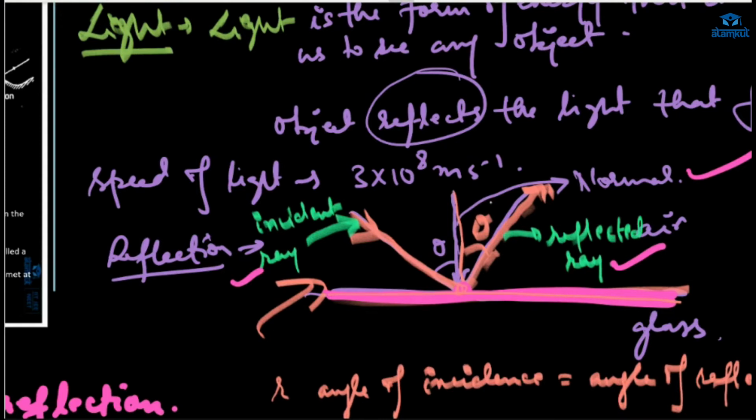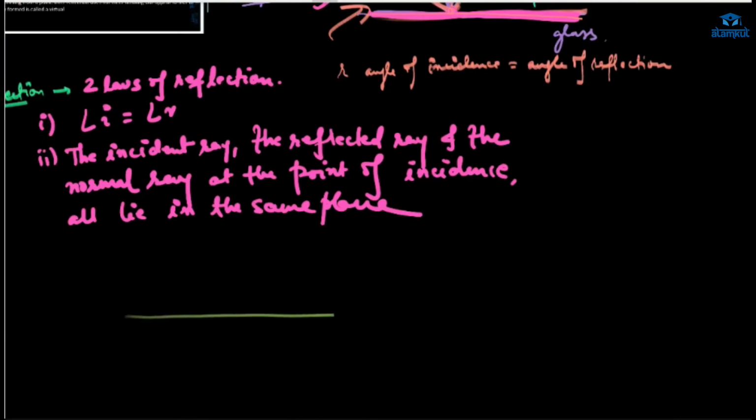Incidence means where the light is falling onto the surface. This is our surface. When the light falls on it, this is called the incident ray. At whatever point the light falls, we draw the normal from that point. This is our normal.